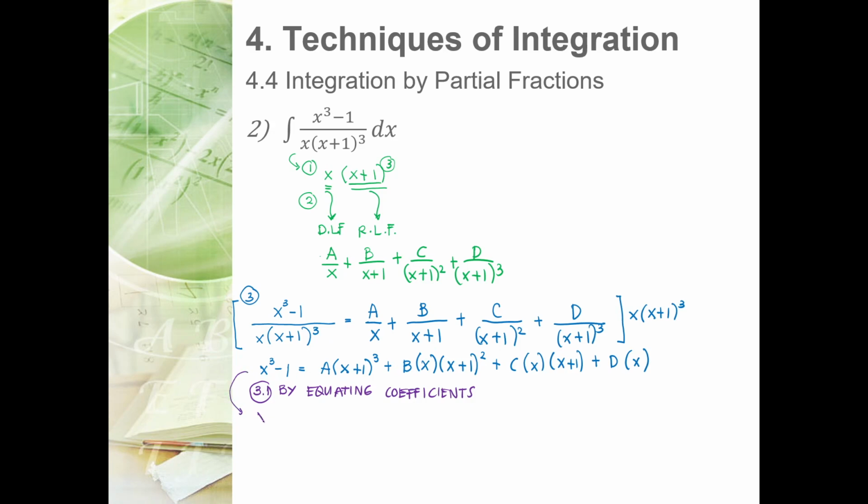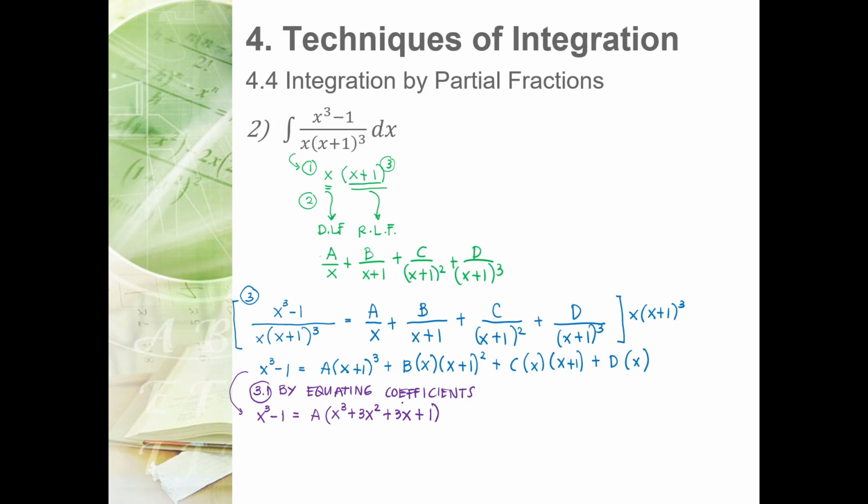So this becomes x cubed minus 1 is equal to A times the expansion of (x plus 1) cubed. From algebra, since this one is a perfect cube, this is x cubed plus 3x squared plus 3x plus 1.